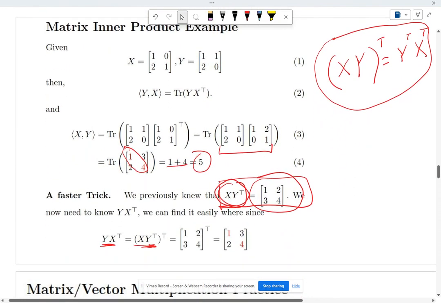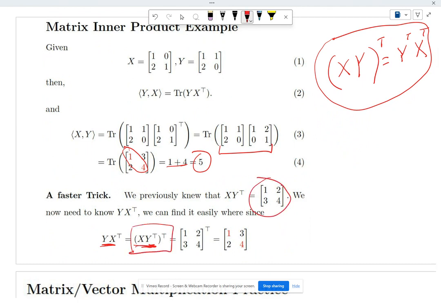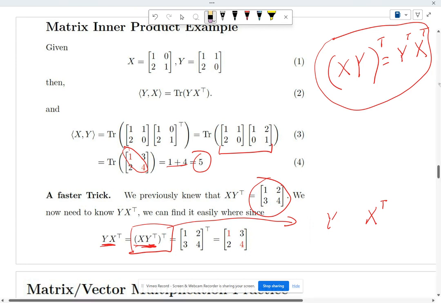So if we take the transpose of 1, 2, 3, 4, we're going to flip them. So it's y transpose, x transpose. Now we knew that transpose double cancels each other out, and then that equals yx. So this is how this is equal to this because of this property.